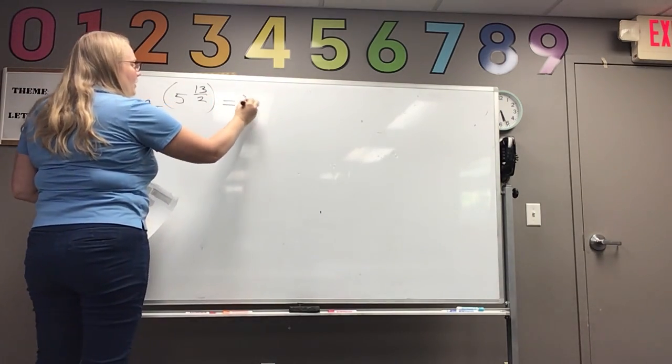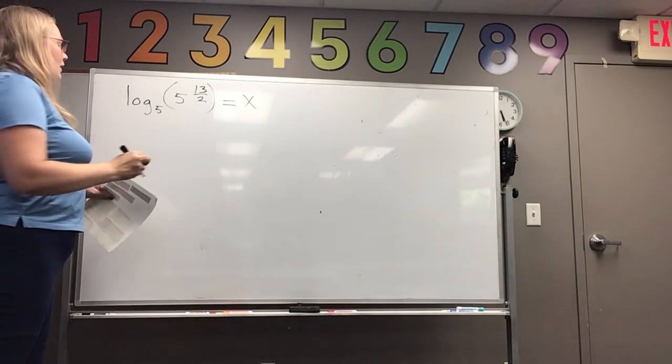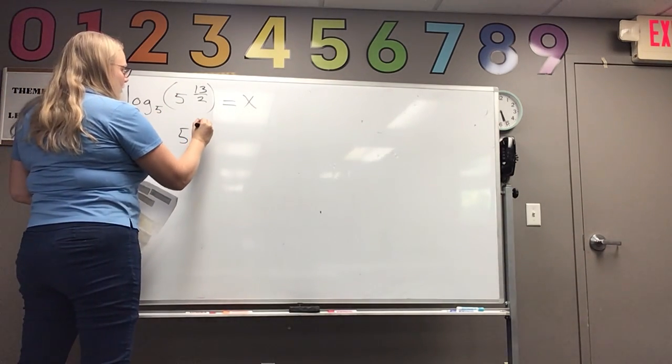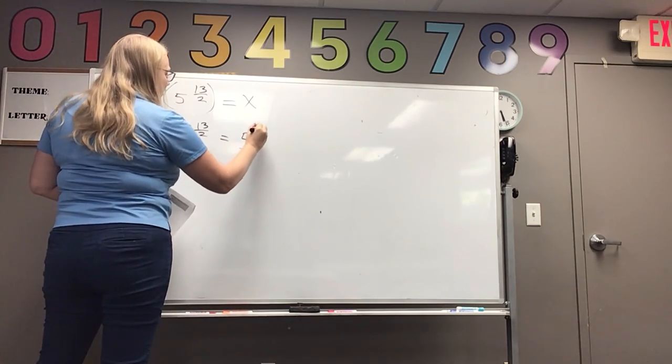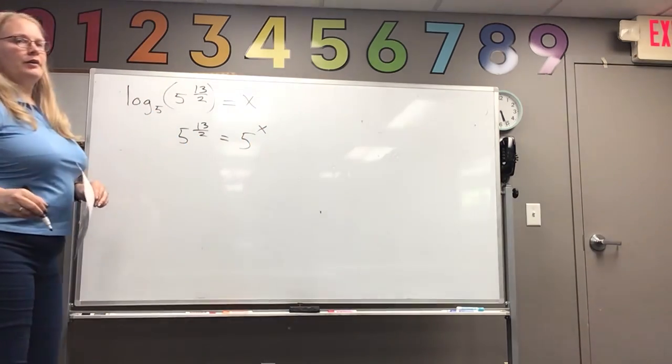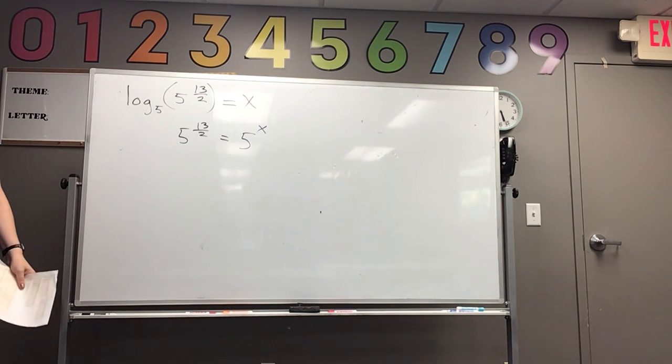And so if we set this equal to x, we can rewrite this as 5 to the 13 halves equals 5 to the x power. So what do you know about x?